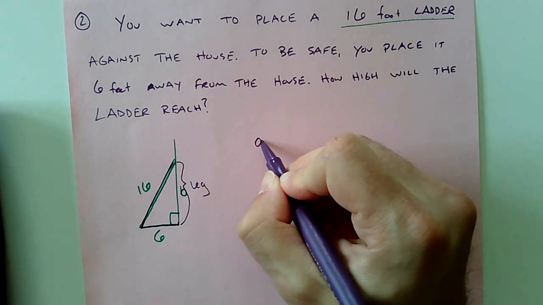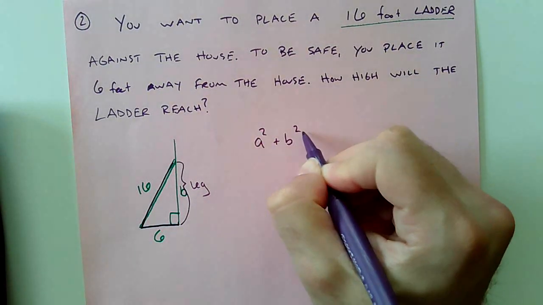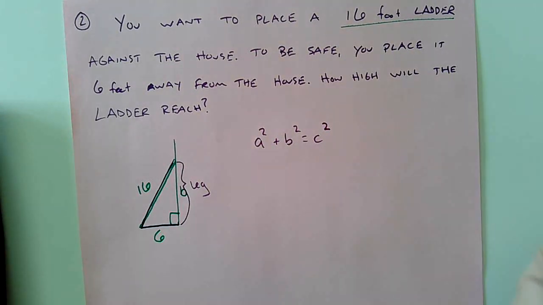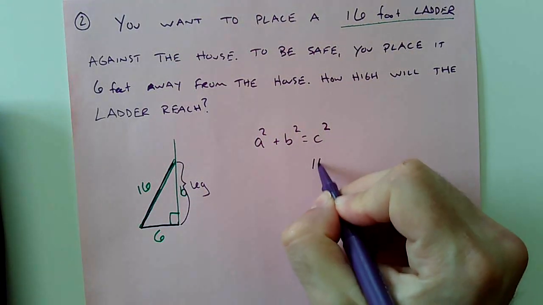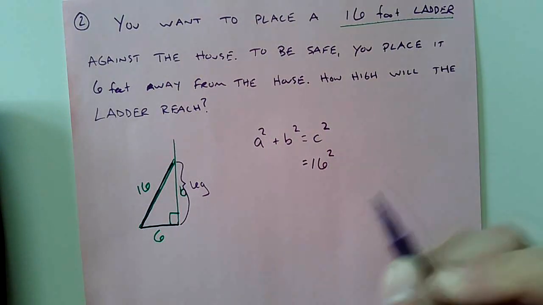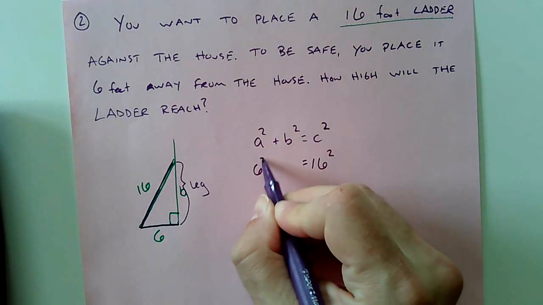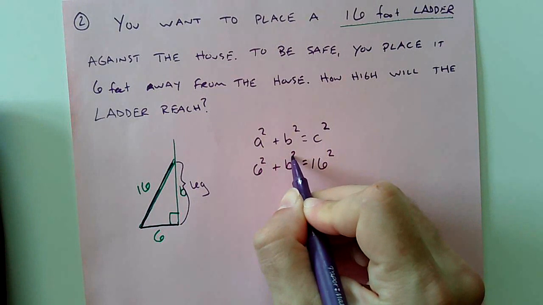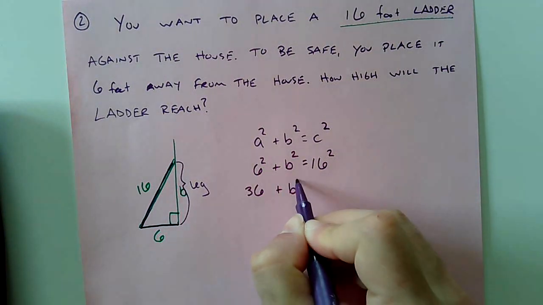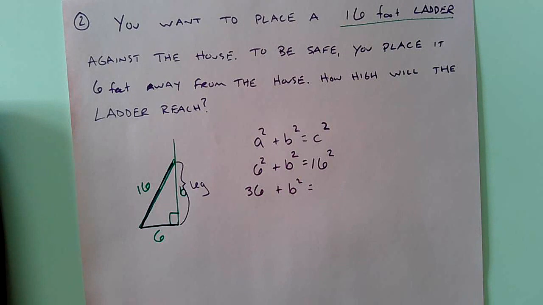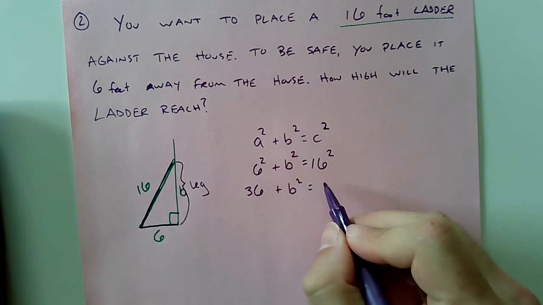So now I have a squared plus b squared equals c squared. My ladder is always my hypotenuse. It's leaned up against the house, so that's 16 squared. 6 is a leg. I'm looking for b. So 36 plus b squared equals 16 squared, which is 256.